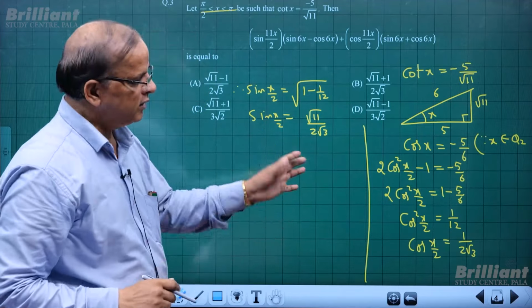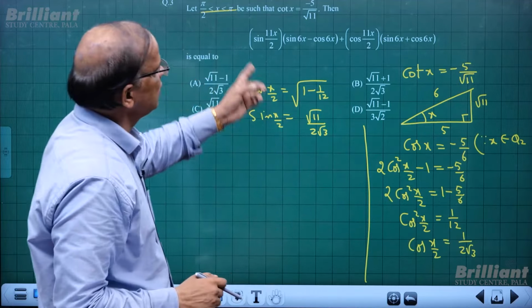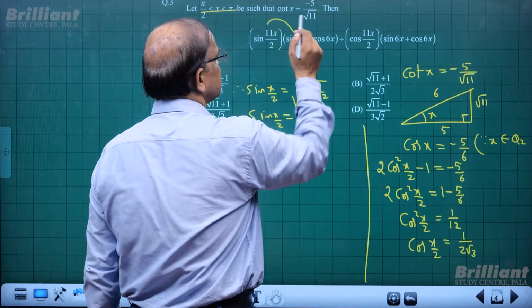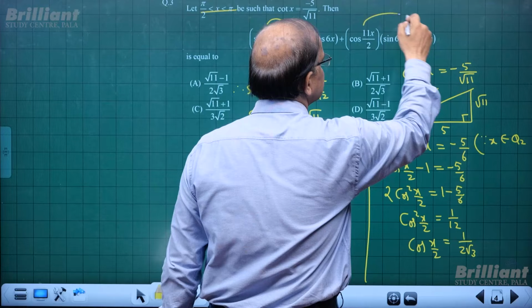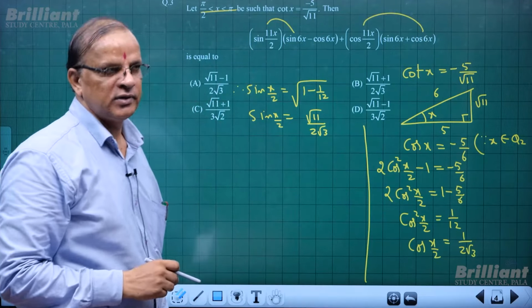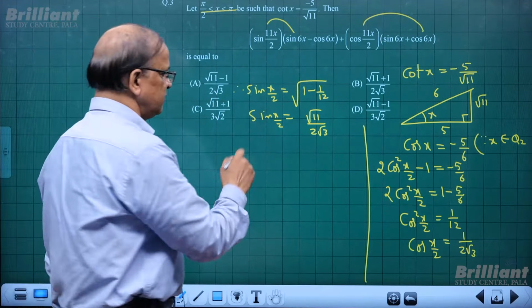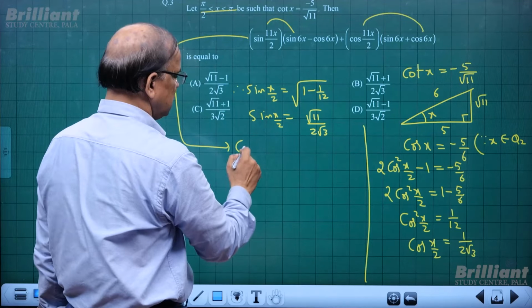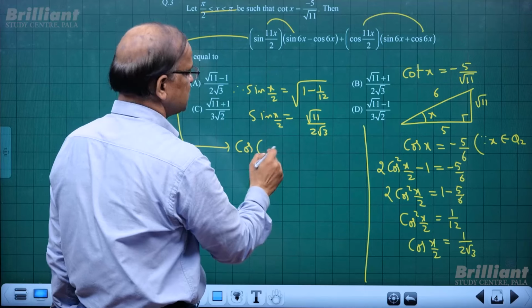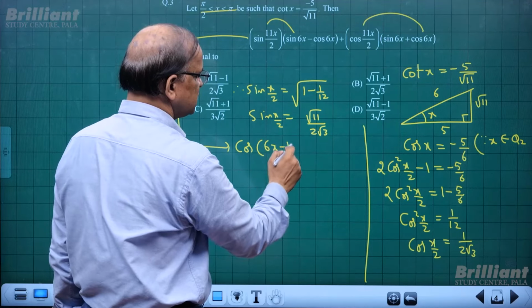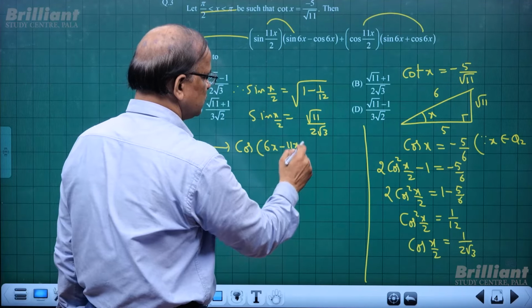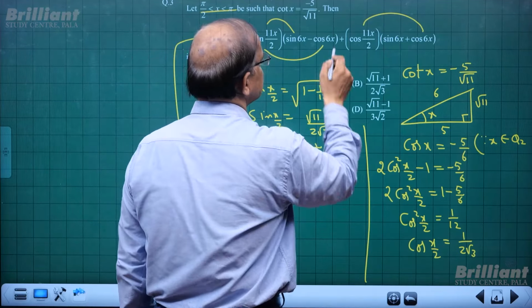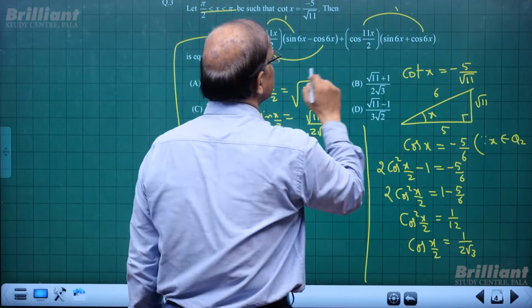Now why did I determine sin x by 2 and cos x by 2? We will get it here. See, this is sin A sin B and this is cos A cos B, right? So cos A cos B plus sin A sin B is equal to cos of A minus B, so cos of 6x minus 11x by 2. Now, this and this is one combination.